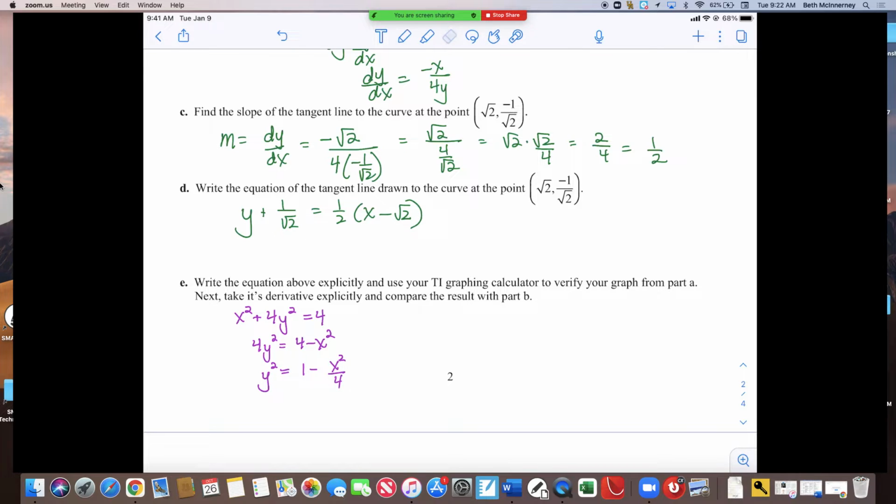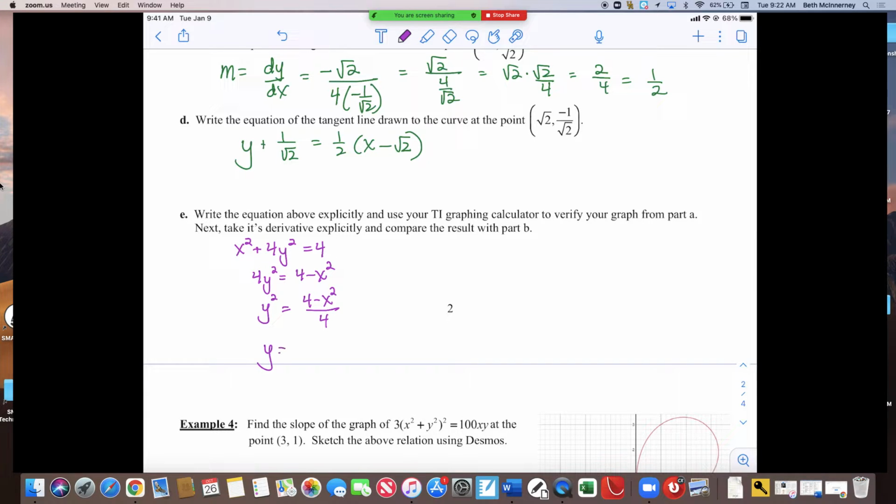Let's write it like this because I forgot that I had to do a square root. So do you see that this is going to be y equals plus or minus the square root of 4 minus x squared, all over 2?